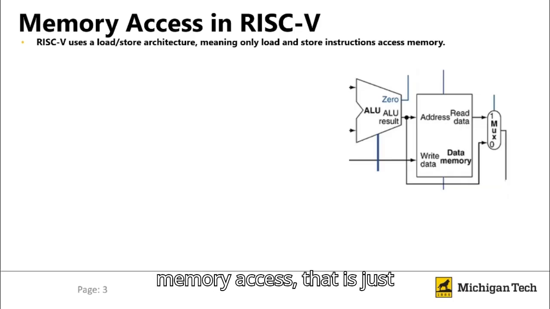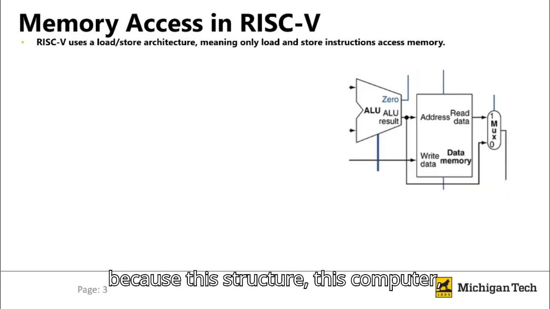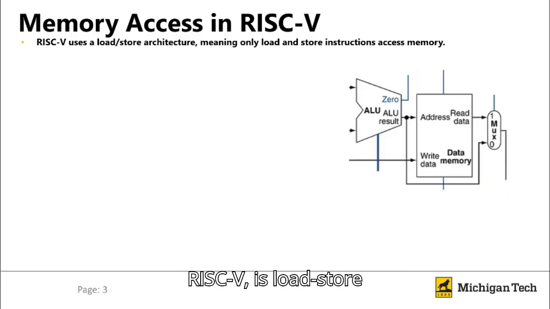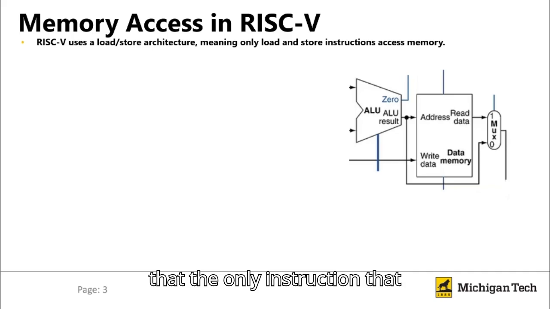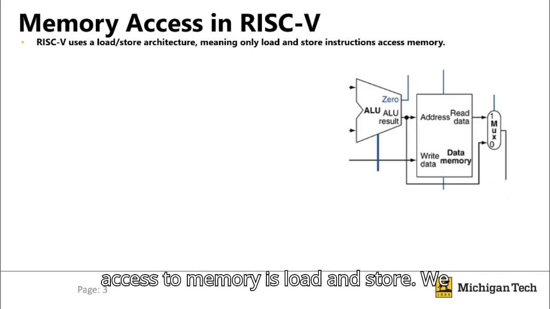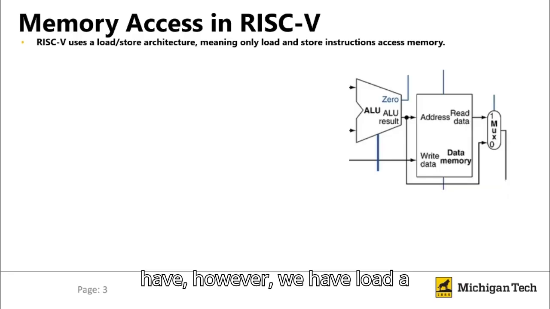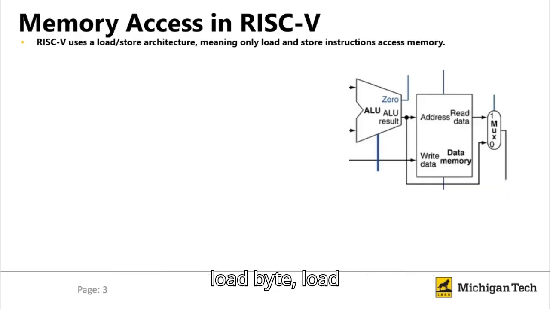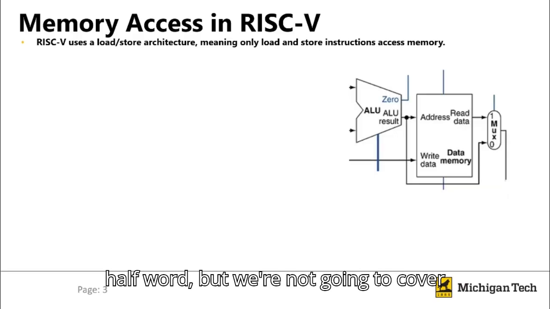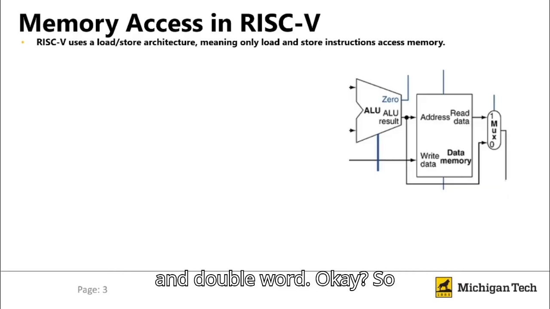For memory access, there are just two instructions, load and store, because this computer, RISC-V, is a load-store architecture. Load-store architecture is a type of architecture where the only instructions that access memory are load and store. We have load word, load double word, and sometimes load byte and load half word, but we're not going to cover those. We're just going to work with word and double word.